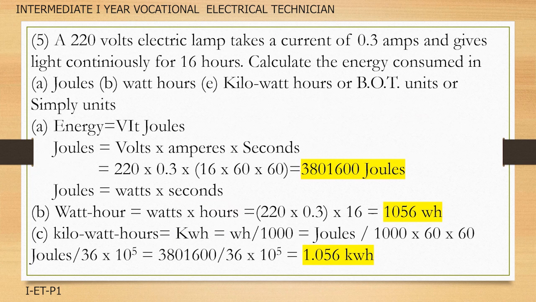Question number 5. A 220 volts electric lamp takes a current of 0.3 amperes and gives light continuously for 16 hours. Calculate the energy consumed in joules, watt hours, kilowatt hours, or board of trade units, or simply units.